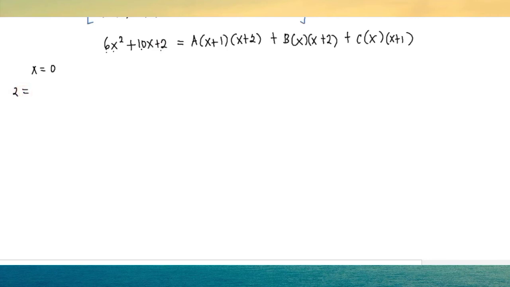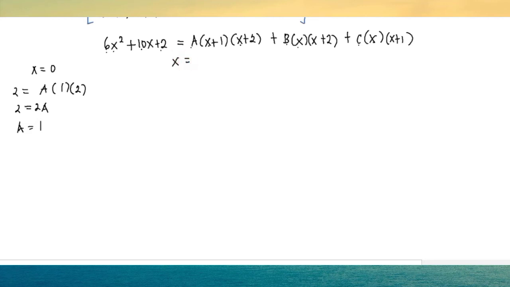And if x is 0, magsi-0 to, so 0 na rin si B, 0 na rin si C, masasolve na natin yung A. We have here A, 1, and 2 here. So we have here 0, so that's 1, and 0 to, so that's 2. So we have 2 is equal to 2A, meaning A is equal to positive 1.